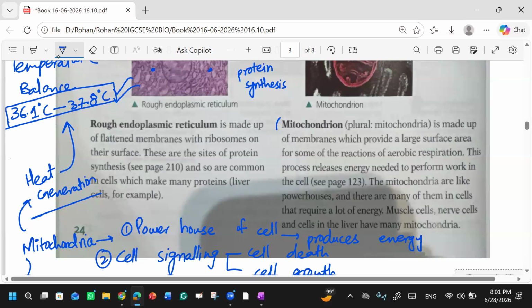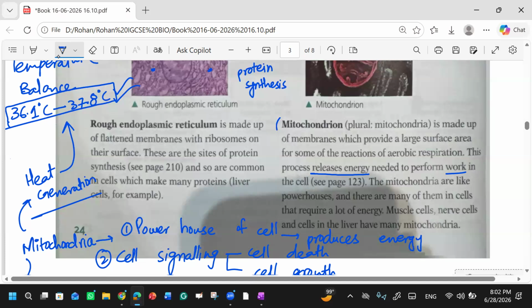I hope you are clear with this concept of the mitochondria and aerobic respiration. Mitochondria helps in aerobic respiration, and this process releases energy which is needed to perform the tasks of the cell. The cell performs different activities, and for those activities the cell needs energy.